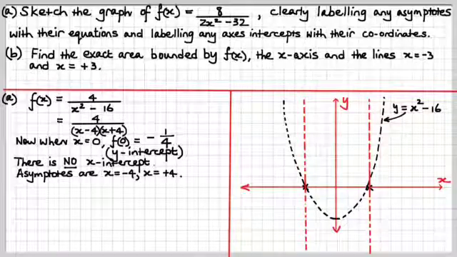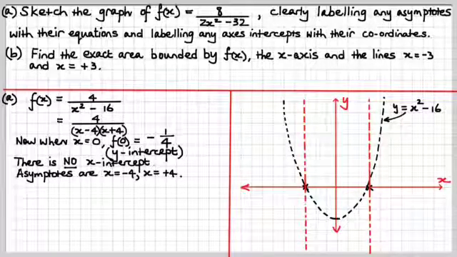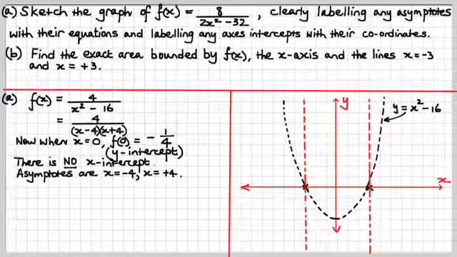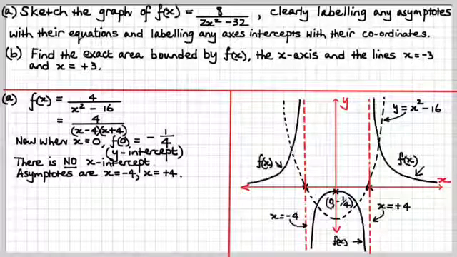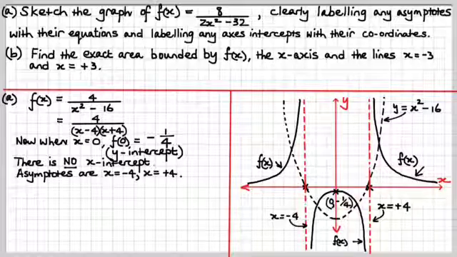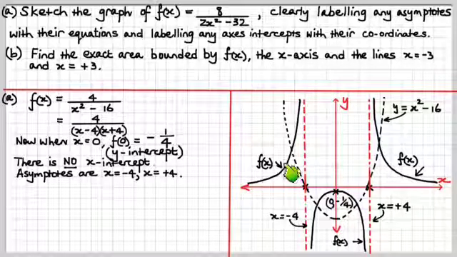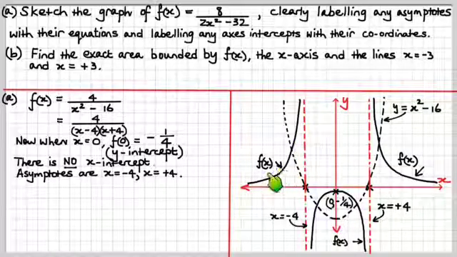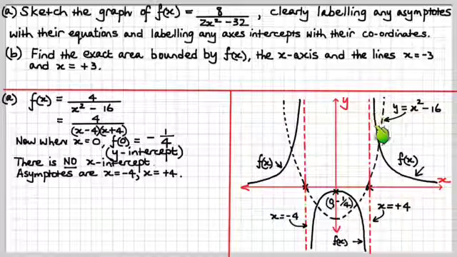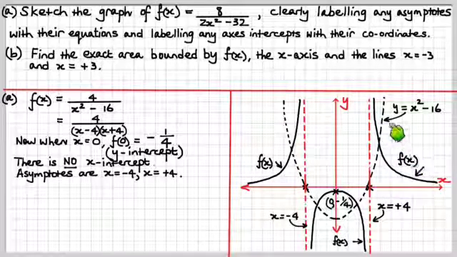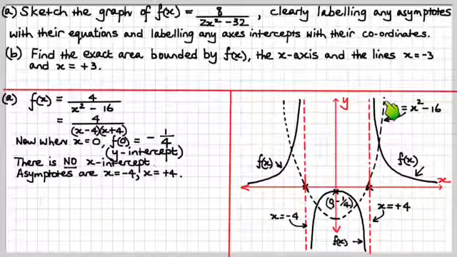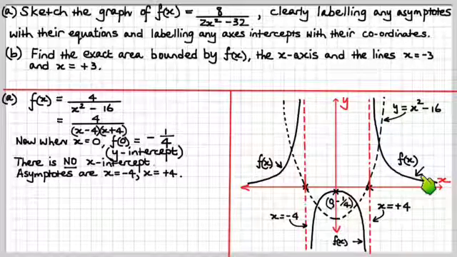Exactly there, guys. Now, with that knowledge, we can put in our function f of x, 4 over x squared minus 16, and there it is. So it's just as we thought. We've got it positive here, we've got it positive over there, and as the denominator quadratic gets bigger, so does the reciprocal get smaller.